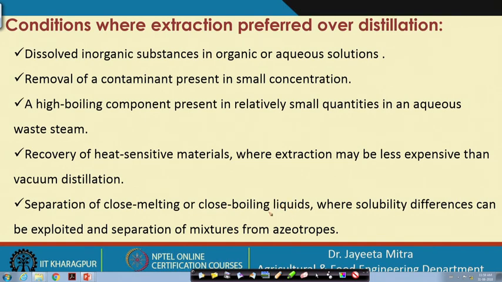There will always be some mixture in the vapor, because they can't be separated well by distillation. So, in all such cases we need to use the extraction method. Depending on the case, maybe it is liquid extraction, or sometimes we have to use solid liquid extraction, that is called leaching.